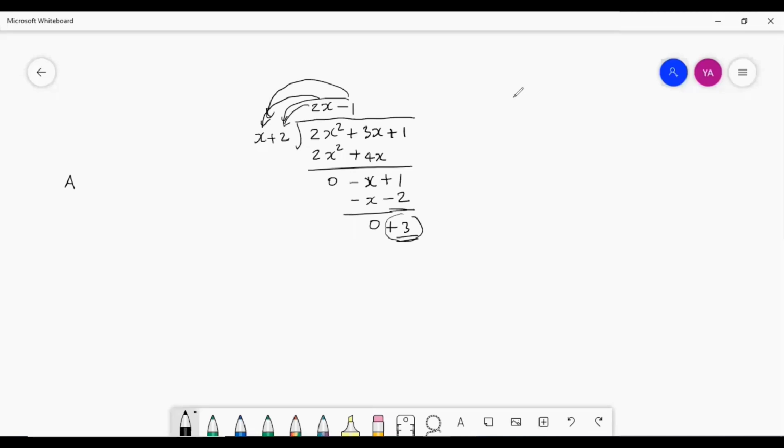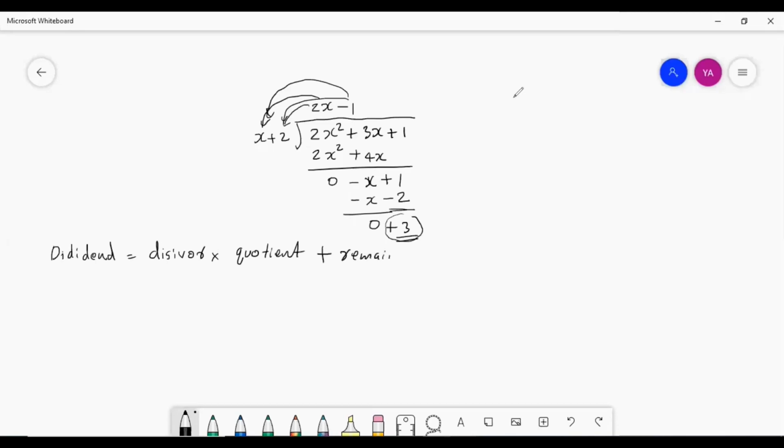So better I shall write it like this: dividend is equal to divisor into quotient plus remainder.